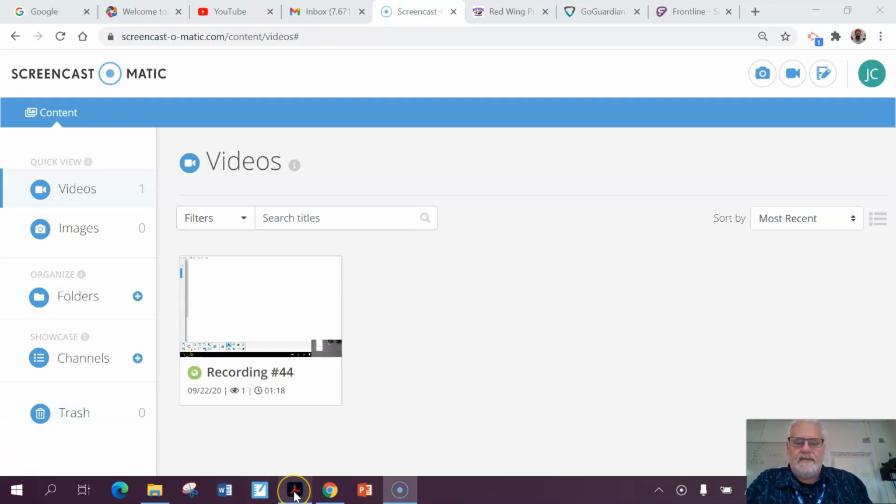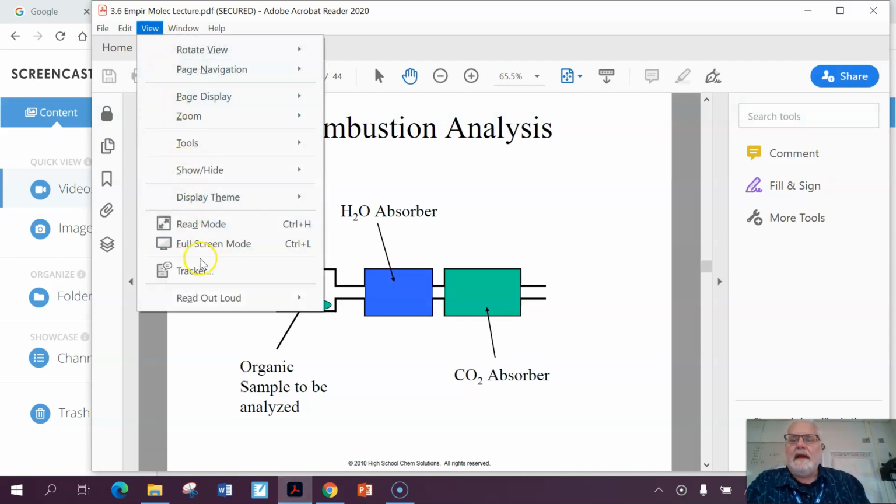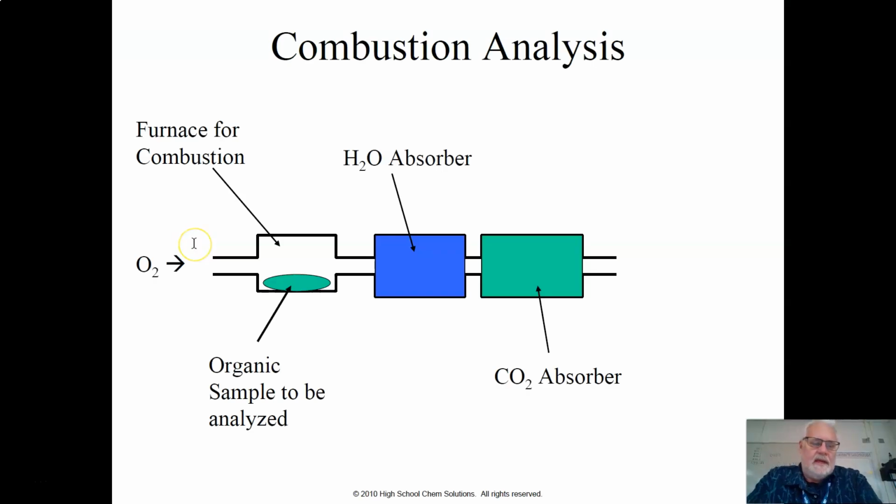All right, so we just finished doing a discussion of limiting reactant and how that's an application of stoichiometry. And today we're going to do a very specific application of stoichiometry that relates actually to our last two units, you will see.